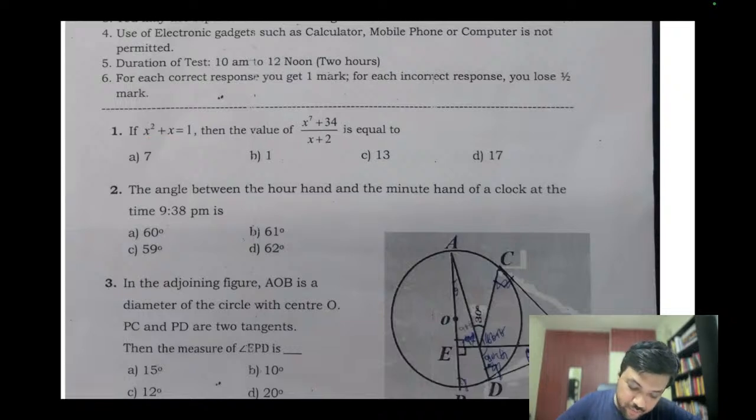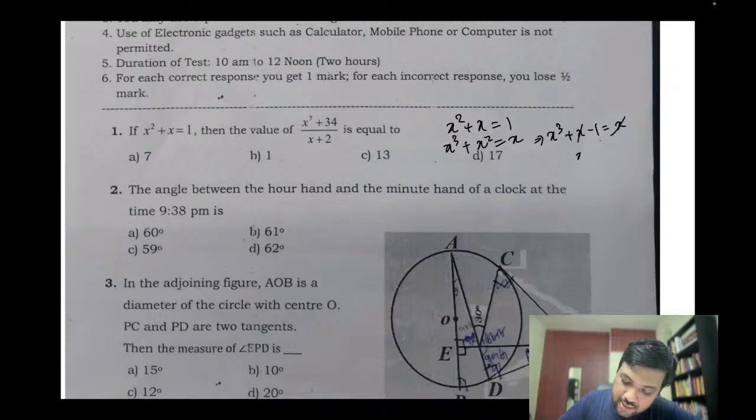Like for instance, x square plus x is equal to 1. Then you can multiply by x again and you get x cubed plus x square is equal to x. Now again put back x square is x minus 1. X cubed plus x minus 1 is equal to x. And then you see x cancels. I hope I did it correctly.